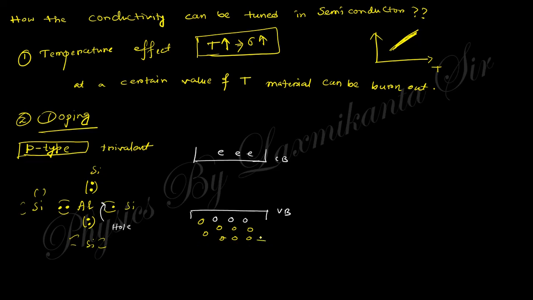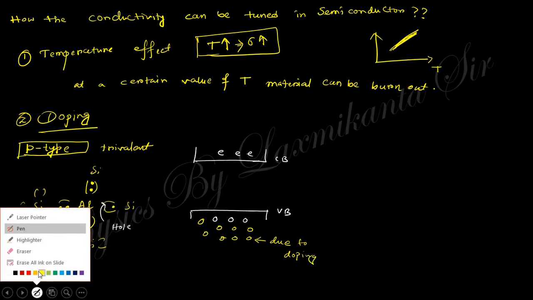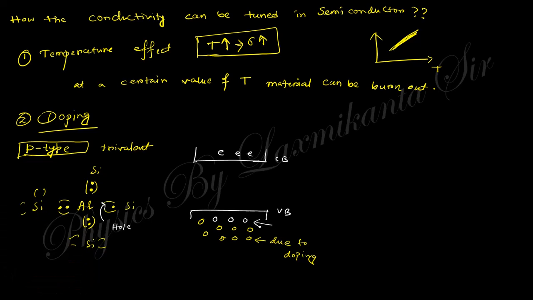These holes are produced due to doping, and these white color holes are produced due to temperature effect. This hole and this electron are also produced due to temperature effect.